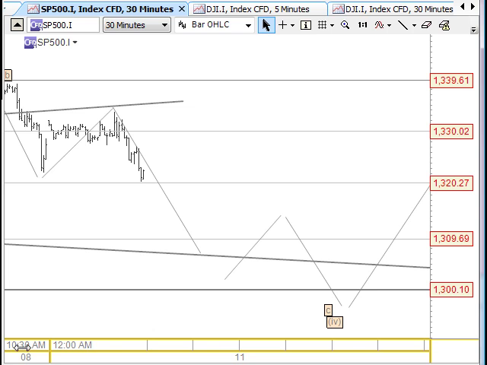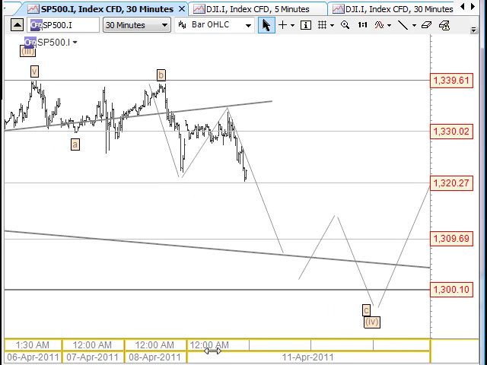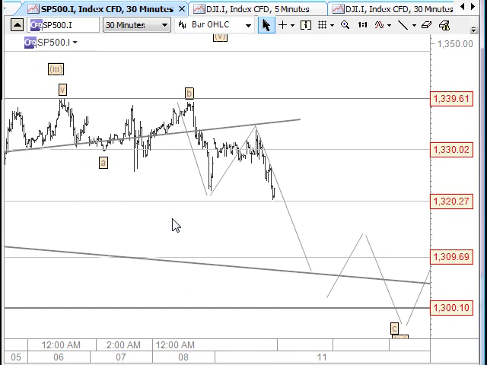So that's one scenario. The other scenario is that we do find support in this region here and push up from here. But I'm finding it a bit hard to grasp that, looking at this particular correction coming through here. If this high here was the high here, then we would have an A and a B and a C there.